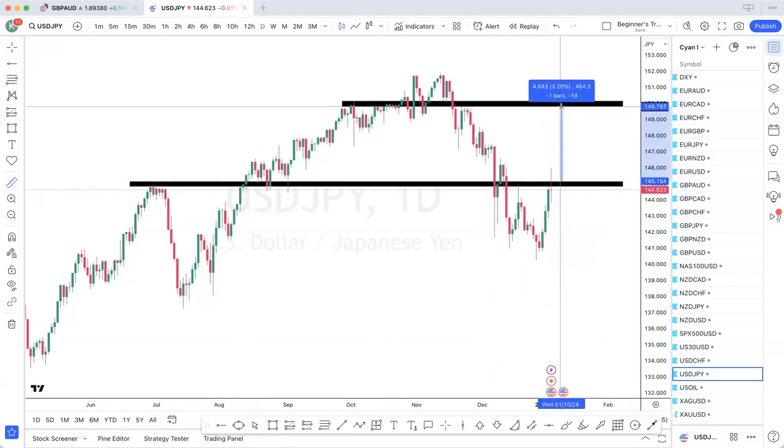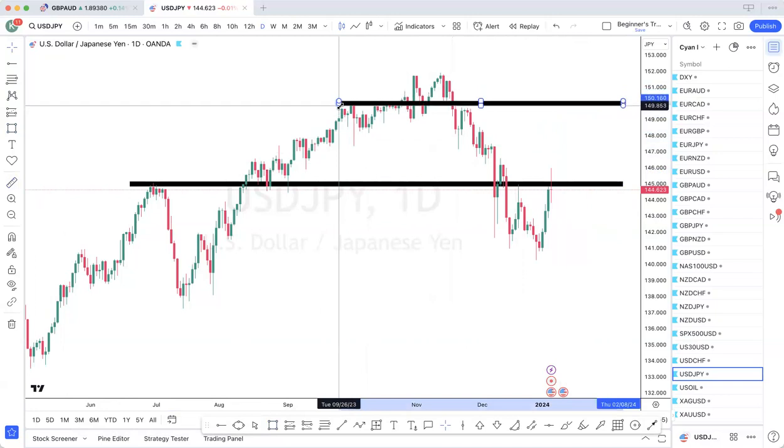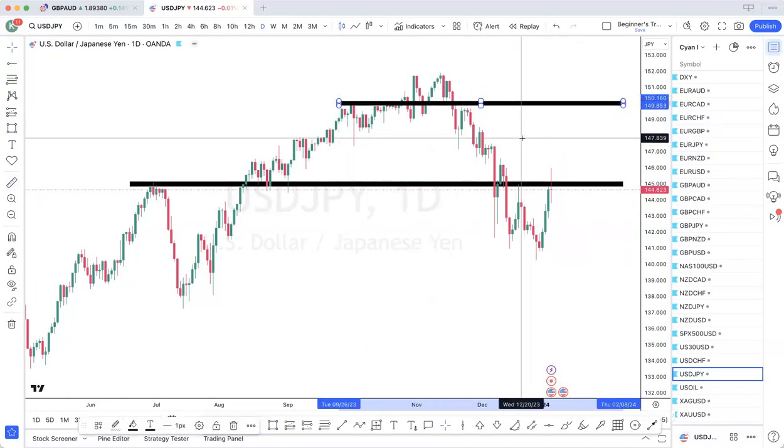I see the imbalance, so that's what I would gravitate to. But I just mark up the swing highs and swing lows, the pivot points. From here to here, I'm slowly trying to get away from the 4 hour.